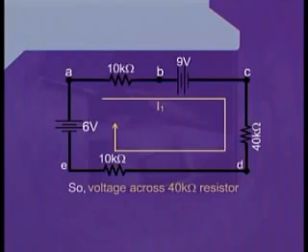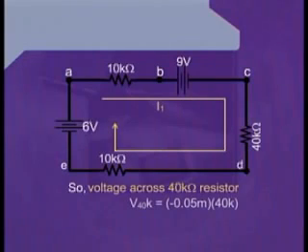Hence, applying Ohm's law, we can write V sub 40K is equal to minus 0.05 milli, that is the value of I1, into the value of the resistance itself, which is 40K. Therefore, we end up with minus 2 volts.